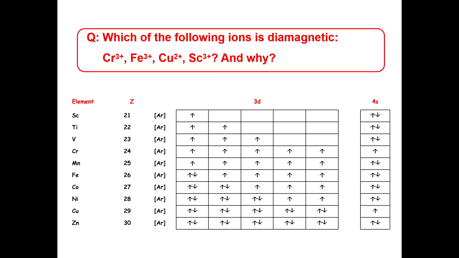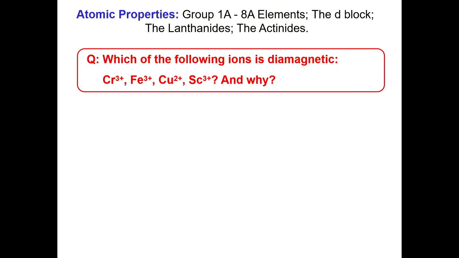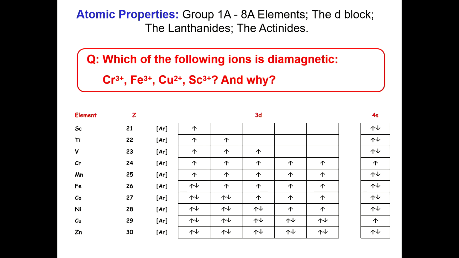If zinc 3 plus, it's magnetic. So the diamagnetic one is the one with no single electrons. So the answer is this one.